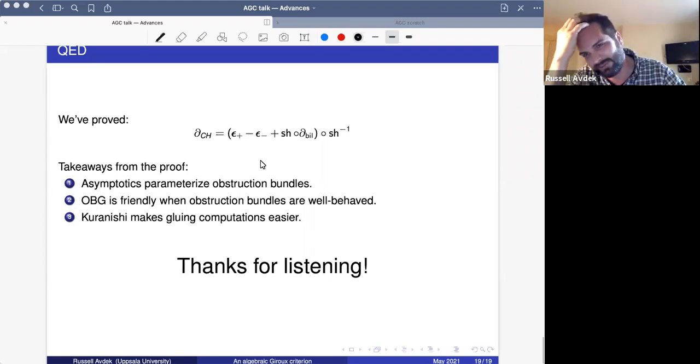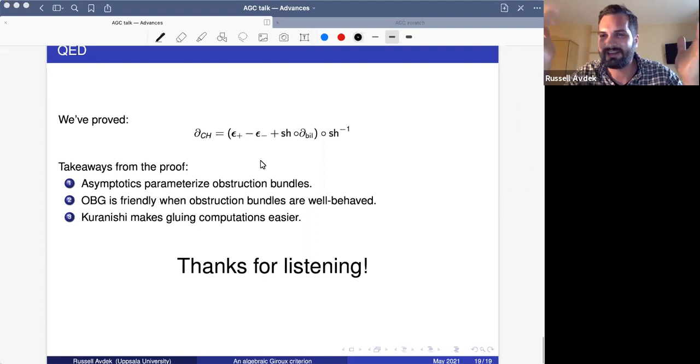I think a really interesting problem would be, fill in the blanks: you have an open book decomposition, the Fukaya category of the page, and SFT, there should be some kind of connection there. I don't know what it is, but my hope is that something like this will help fill in the details there. But that's very speculative.